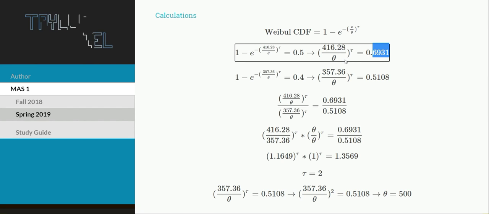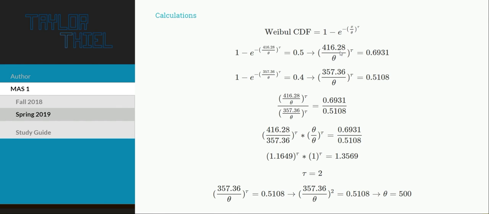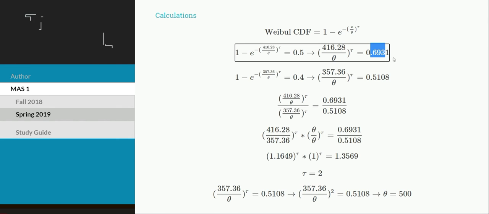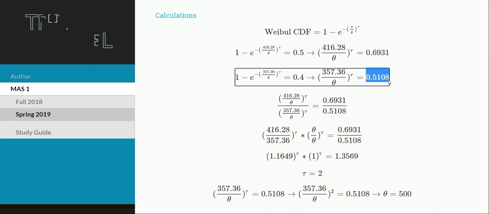We do that with 0.4 as well. And then we divide each side of the equation: 0.6931 divided by 0.5108 should still equal this quantity, which equals 0.6931, divided by this quantity, which equals 0.5108.